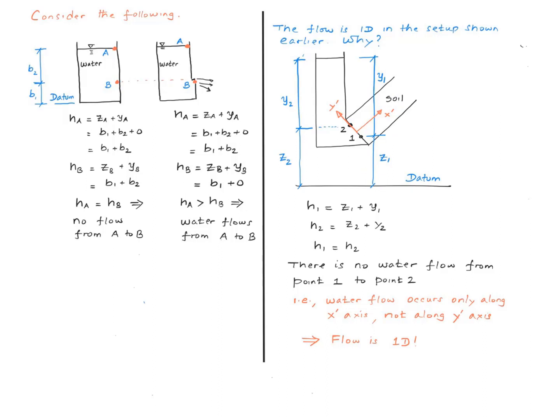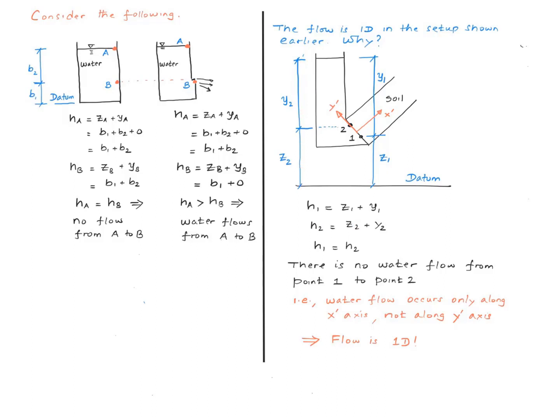I'm going to take 2 points, point 1 and point 2, on the lowest cross-section of the cylinder here. The total head at point 1, h1, equals z1 plus y1, geometrically this length right here, and the total head at point 2, h2, equals z2 plus y2, geometrically this length right here.